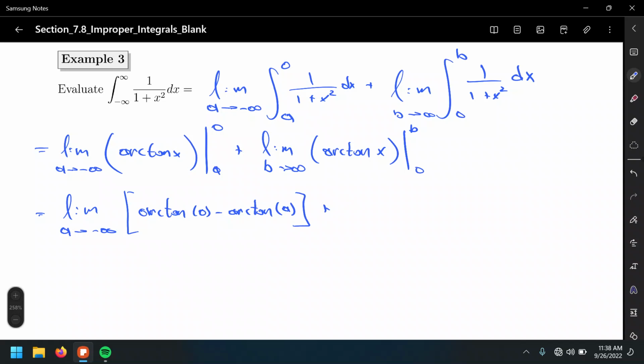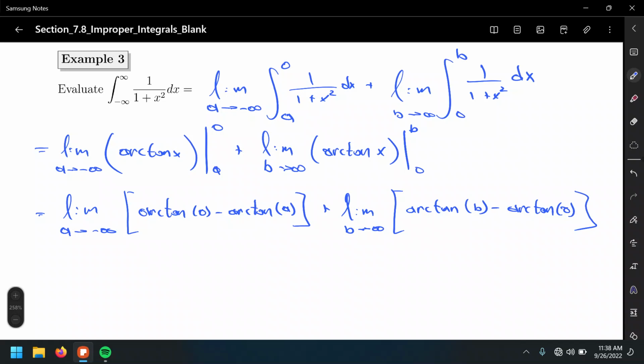So that will be limit as b approaches infinity, and the upper limit, which is b, arctan of b minus arctan of 0.